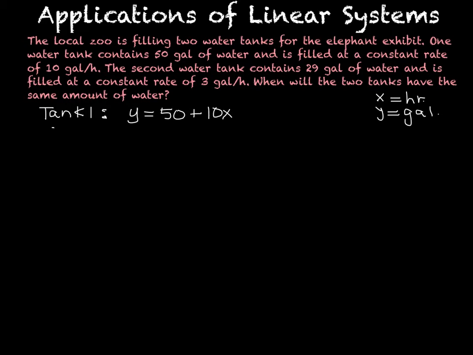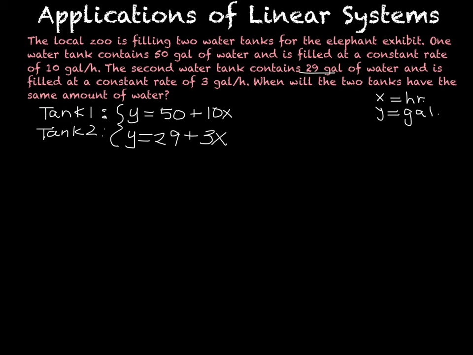So then we have tank 2. So that would be my tank 2, which already has 29 gallons of water and is filled at a constant rate, added to it at 3 gallons per hour. So now I have a system of equations. So I'm going to just solve it.